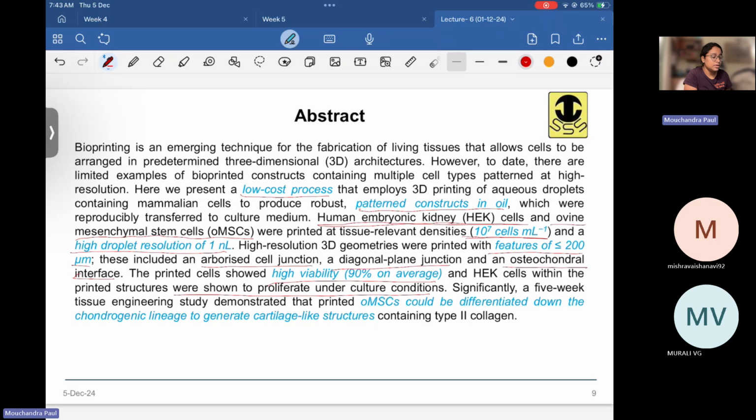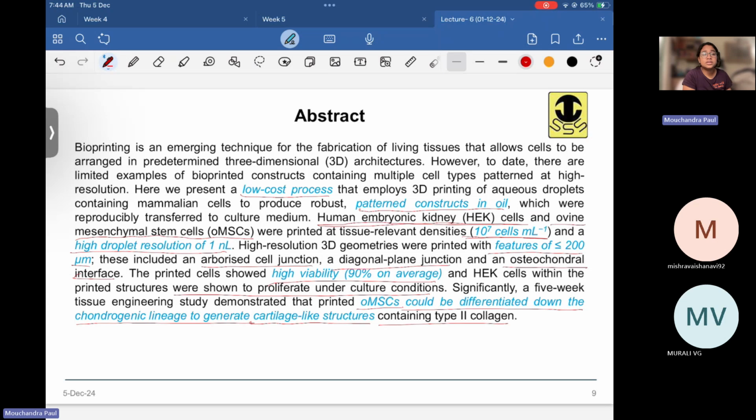And significantly, a 5-week tissue engineering study demonstrated that OMSCs, that is ovine mesenchymal stem cells, could be differentiated down the chondrogenic lineage to generate cartilage-like structures containing type 2 collagen. So they printed mesenchymal stem cells, then added growth factor cues to cause differentiation of these mesenchymal stem cells into chondrogenic cells, chondrocytes basically.